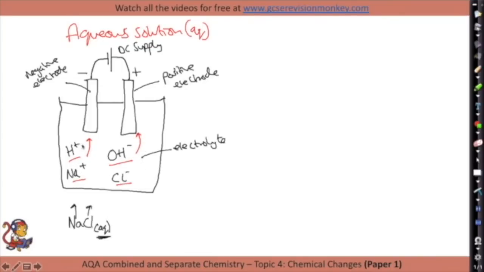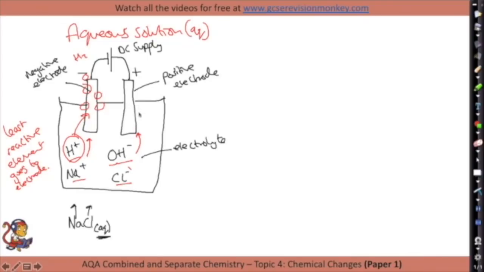So in this case, the rule at the negative electrode is the least reactive element goes to the electrode. So in this case, hydrogen is less reactive than sodium, so you're going to get hydrogen gas given off. And with the positive electrode, if there is a halide ion in there, then that will be produced at the positive electrode.